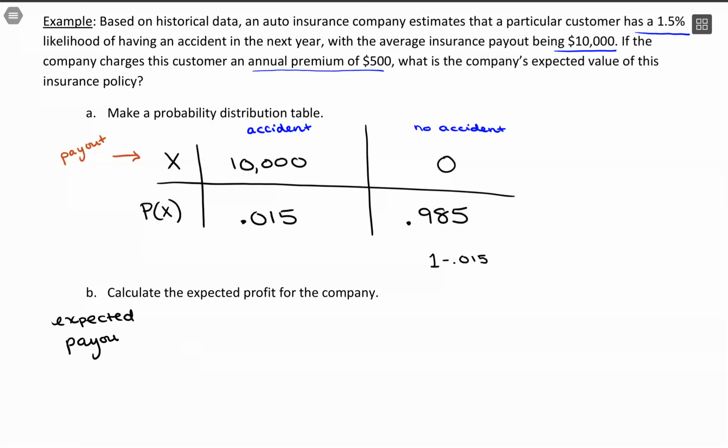So what we can do is, with this information, let's say we're in the shoes of the insurance company and we want to know, on average, what do we expect to pay out to our customers?